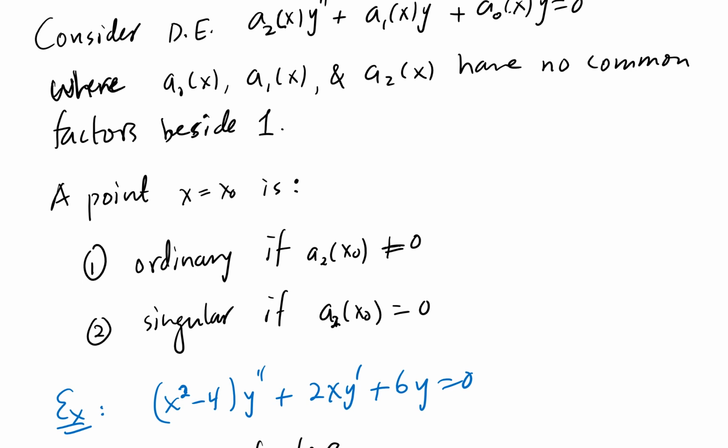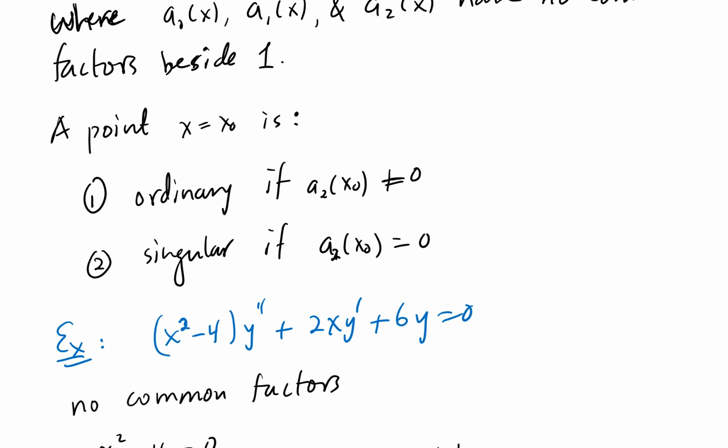So let's look at this example: (x squared minus 4) y double prime plus 2x y prime plus 6y equals 0. So what do we do here? First, notice they have no common factors besides 1.